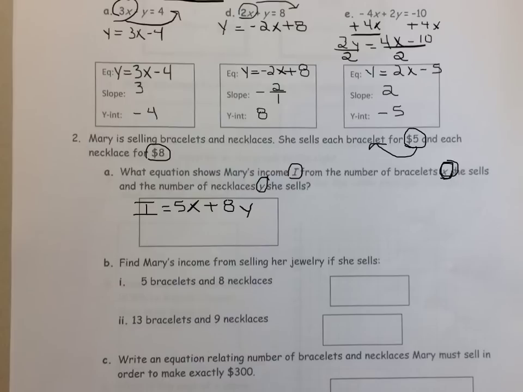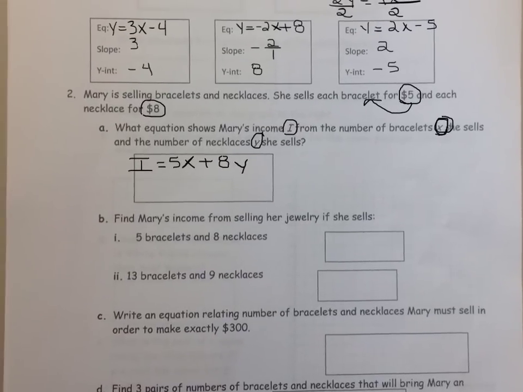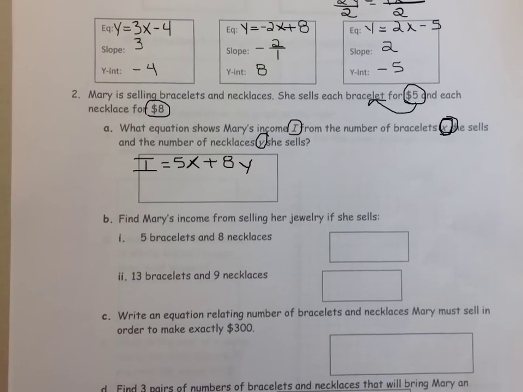Now, letter B. Find Mary's income from selling her jewelry if she sells 5 bracelets and 8 necklaces. So what you're going to do here is you're going to plug in 5 and 8 into your equation.